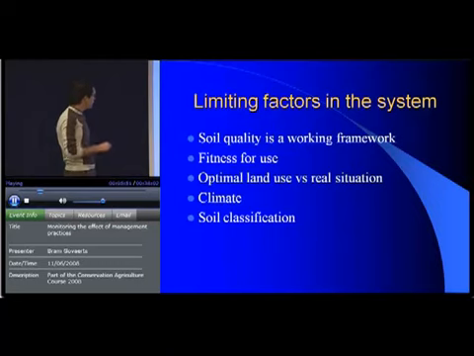So what are we doing? We're comparing the optimal land use versus the real situation. And in order to do that, we need at least climate and soil classification. I'm really surprised how many times I come to an area where scientists are working, have 4 repetitions, perfectly factorial, randomized complete block design, and if I ask them about the climate, they say, oh, it rains very little.